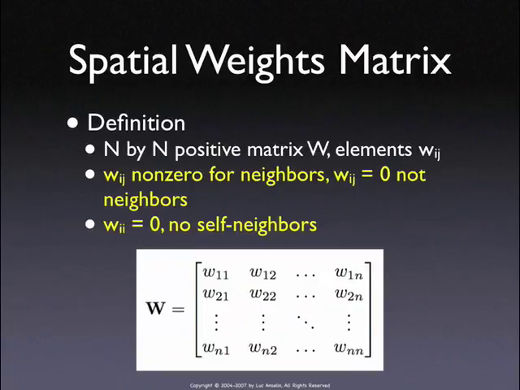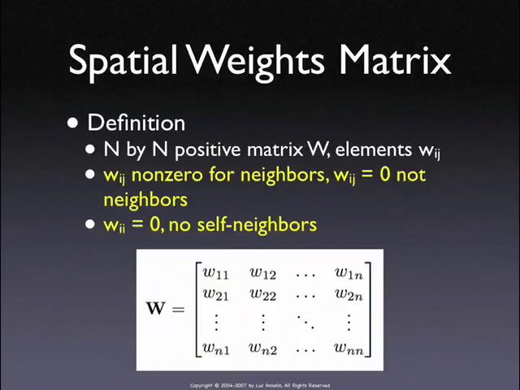Formally then, we have a matrix, we'll call it W, which is n by n, and is non-negative. That's a convention, it's easier to do. Each location is in there as a row and as a column. For each row, the columns tell us what the neighbors are.